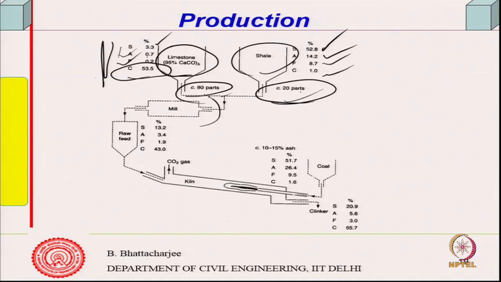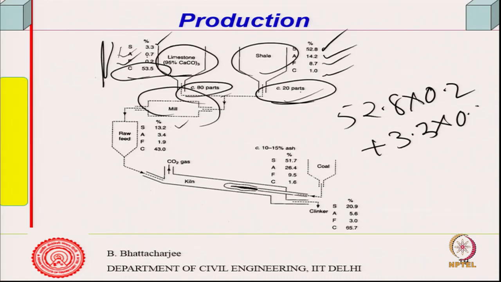This is what it would be, and that goes to the mill, and then the final product that would have 13.2. How? Because 52.8 into 0.2 plus 3.3 into 0.8. How much does it make? 10.5, roughly around 10.5 from this, and this is 2.6, 13.1.